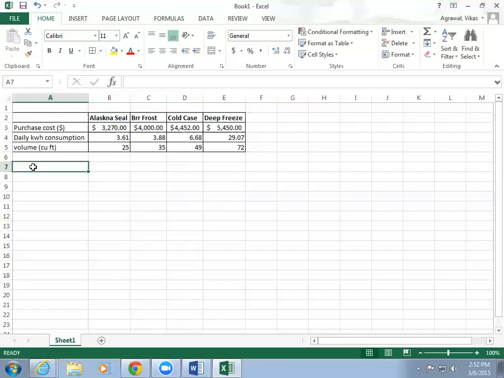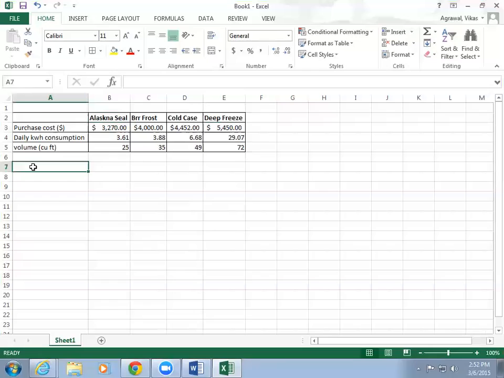So what is the output here? They want us to calculate the productivity in cubic feet per dollar input, right? So output is going to be in cubic feet, and the input is going to be in dollar amount.